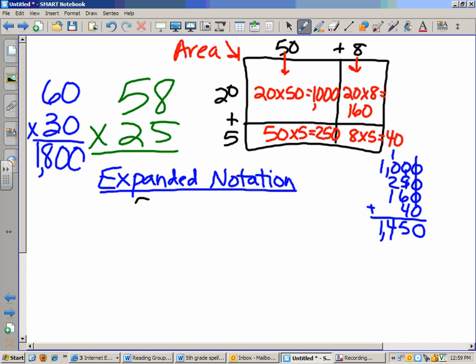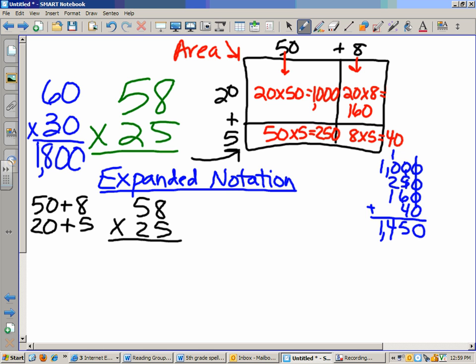So we take our original 58 times 25, and we picture that area model or think of the place value. That 58 is 50 plus 8, and that 25 is 20 plus 5. You certainly can write it out like in example A, or you can just know this in your head when you're multiplying.